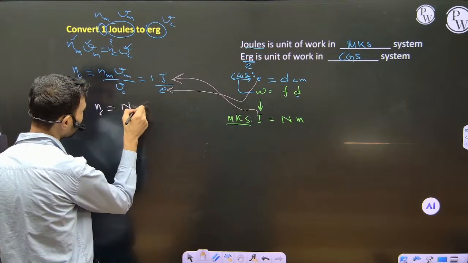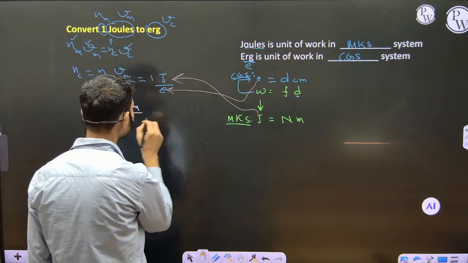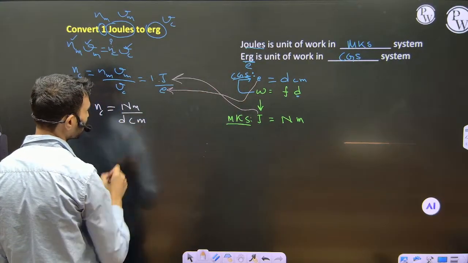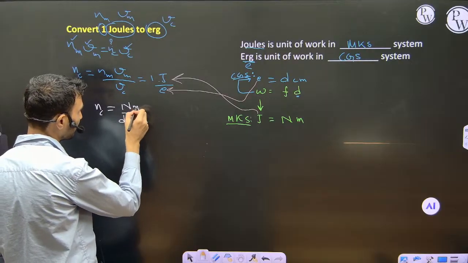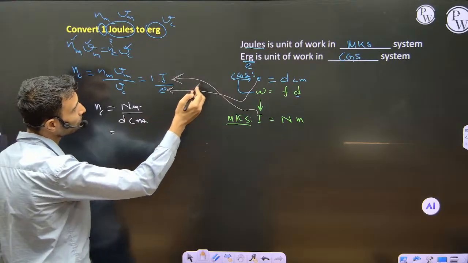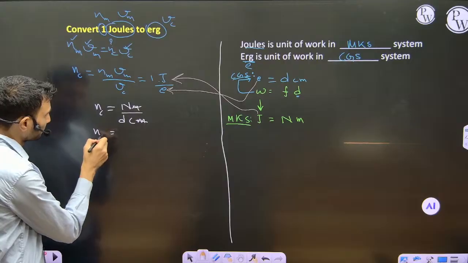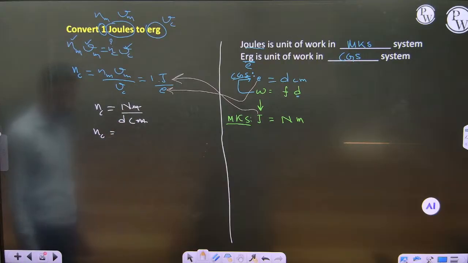Nm. E, how much are we going to put? Dcm. M is meter, gets cancelled, right? There it is. Nc is just N by Dc.